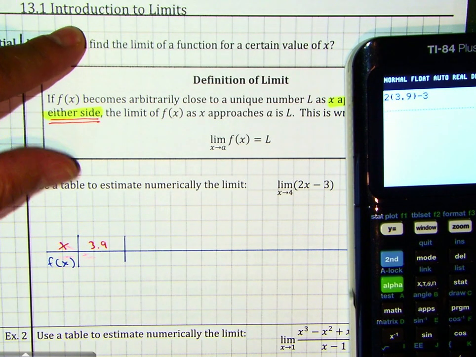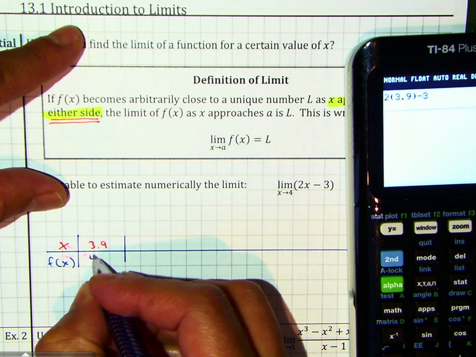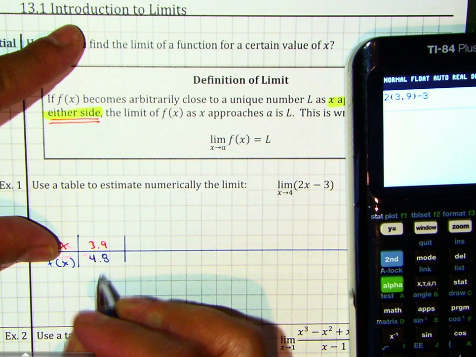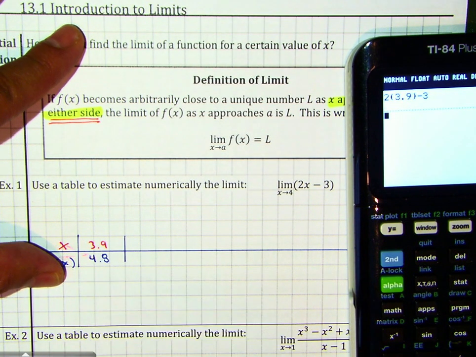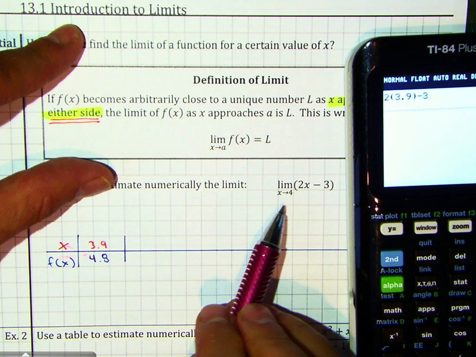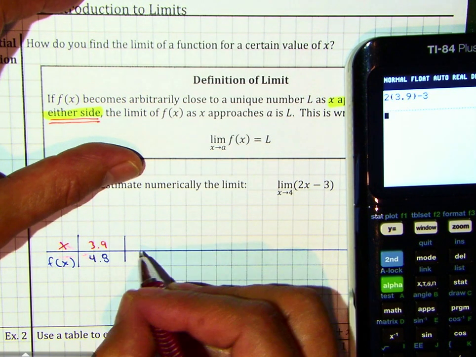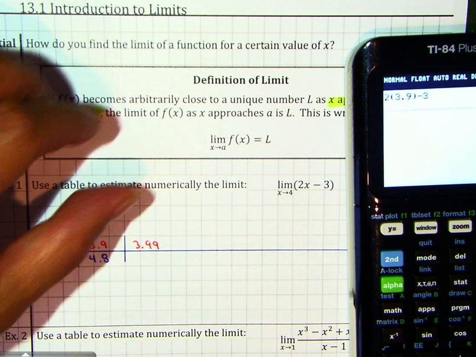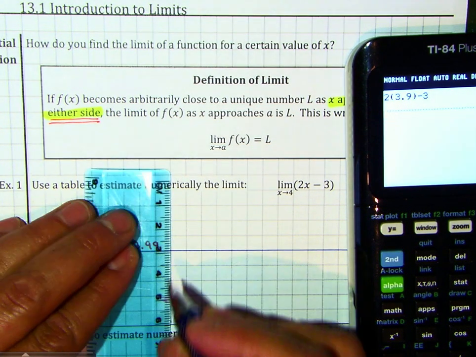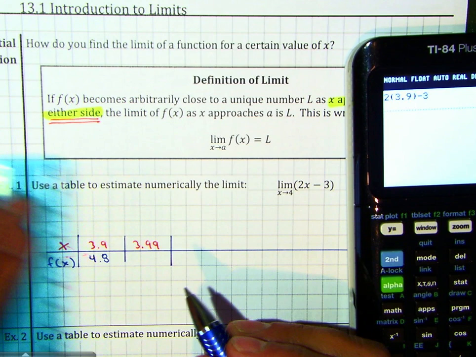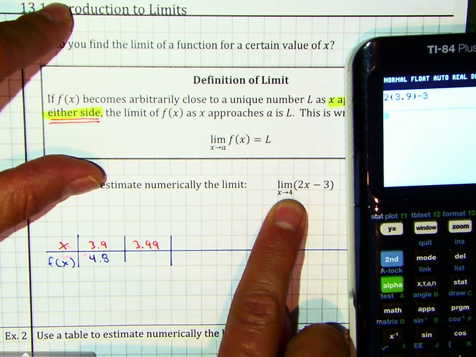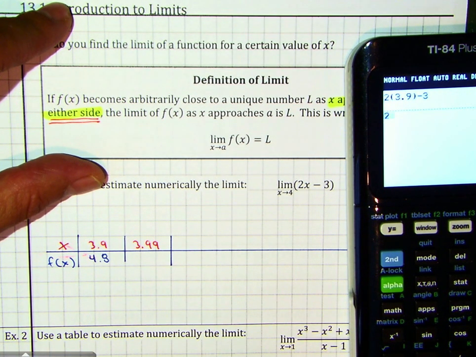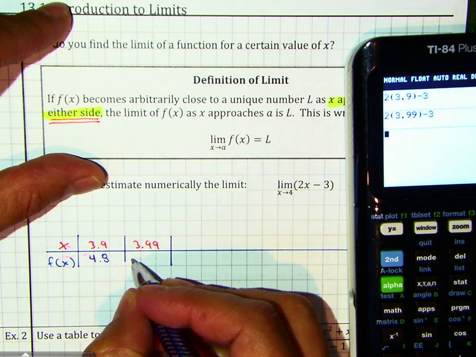That gives me 4.8. So therefore, the y value for the graph will be 4.8. Well, I want to get closer to 4, so I'm going to use 3.99, still on the left of 4. I'm going to type in 2 times 3.99 minus 3. That gives me 4.98.